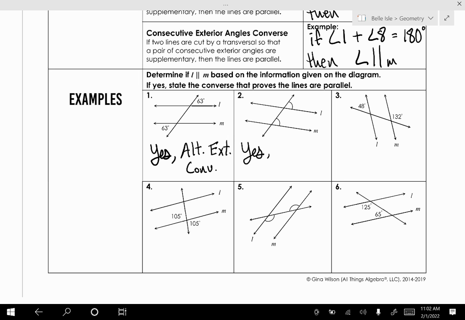Spencer, do you know which one? For number 2? Yeah, exactly right. Number 2 is a yes because of corresponding.